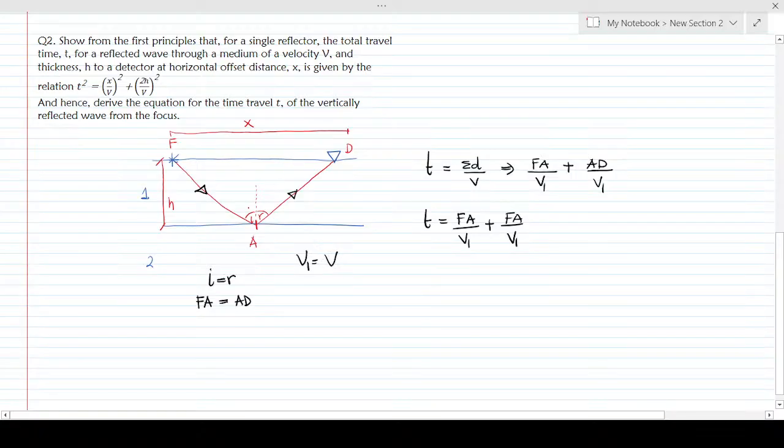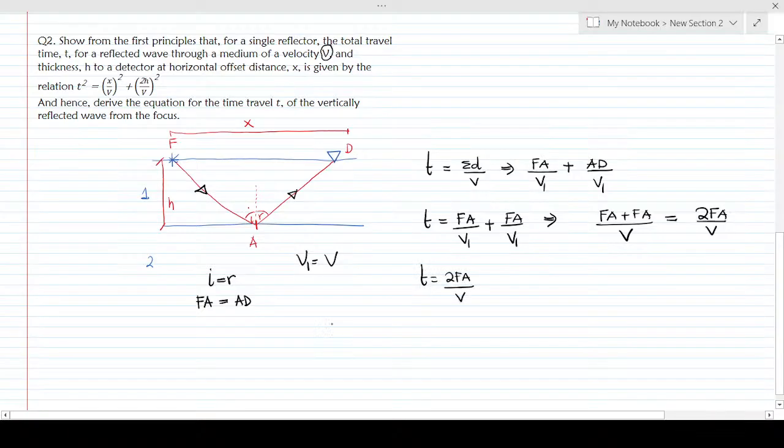Our V1 is V, so we have to follow. This will now transform into FA plus FA over V. And this is going to give us 2FA over V, right? And so the time will be equal to 2FA over V.